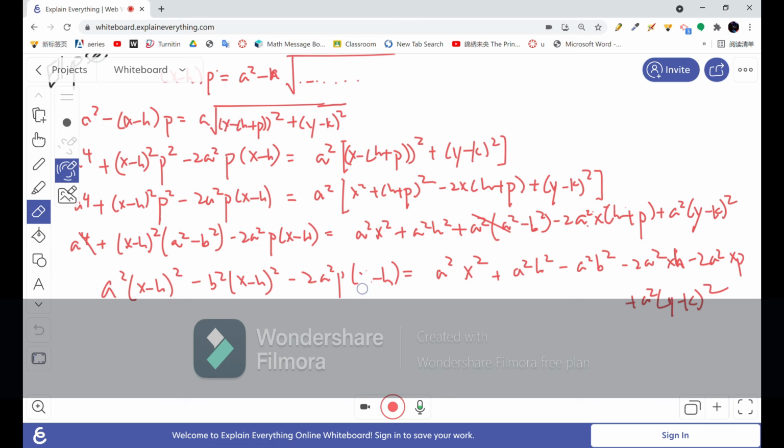Oh, we can see that these two look kind of similar, so we have 2x squared plus 2a squared ph. Now I think we should just put it back since we still have n, right? So now we can replace this, and we will further just go in and try to bash it out.